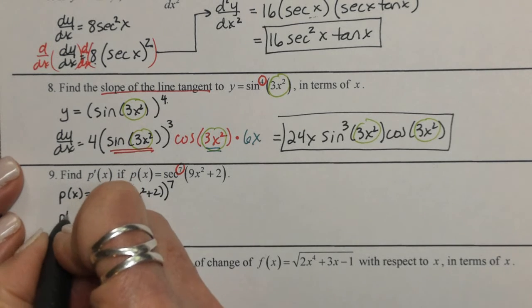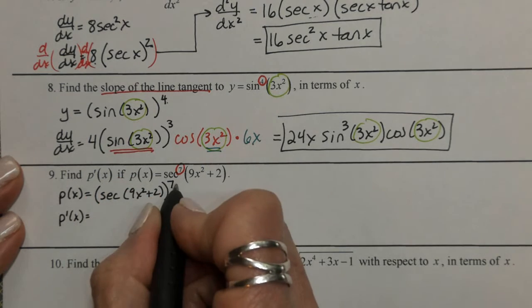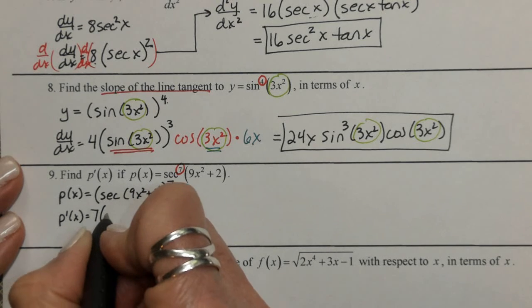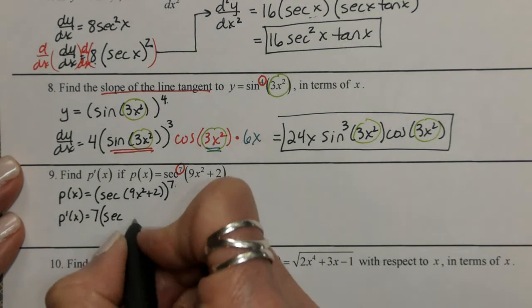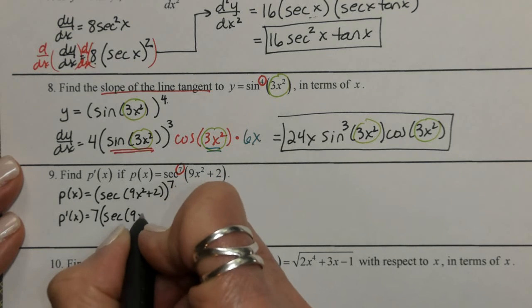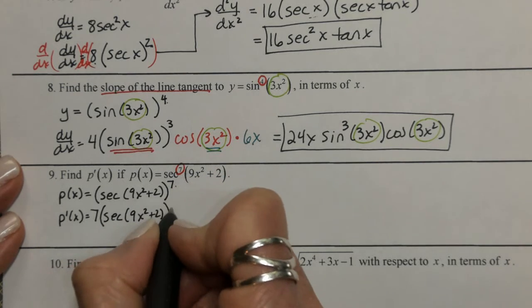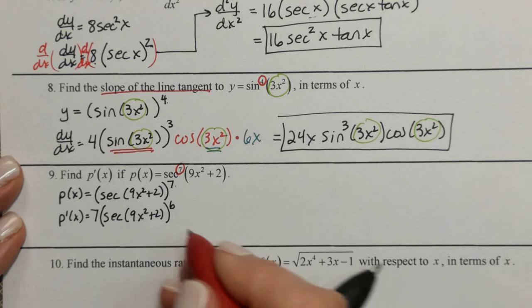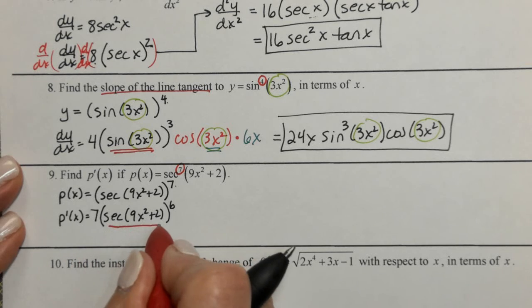Now I'm going to take the derivative. 7 times the lead coefficient. Keep your secant, and of course keep your argument. Decrease the power by 1.